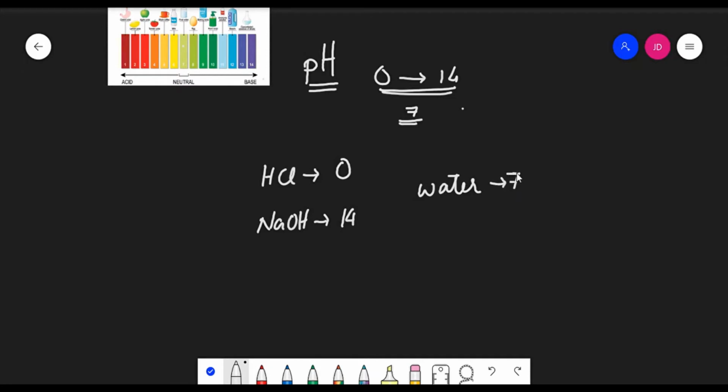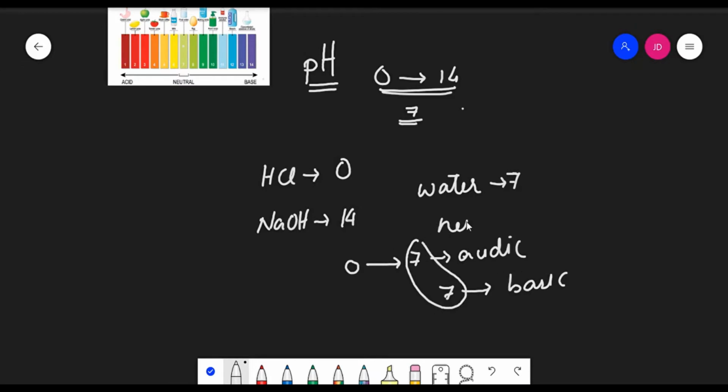So depending on what the level of the pH is, we can know whether something is acidic or basic in nature. The levels from 0 to 7 are acidic, and more than 7 are basic, and 7 will be neutral. I hope you remember neutral.